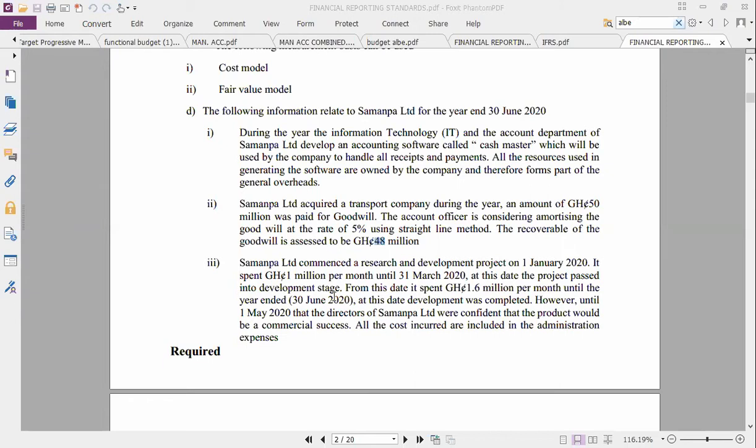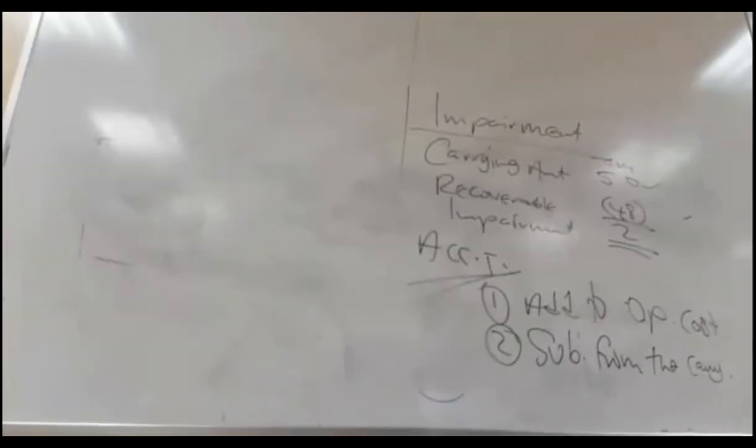However, until 1st May 2020, the directors of Samampa Limited were confident that the product will meet its commercial success. All the costs incurred are included in administrative expenses. Now let's go to the board to do the illustration. This is what happened.